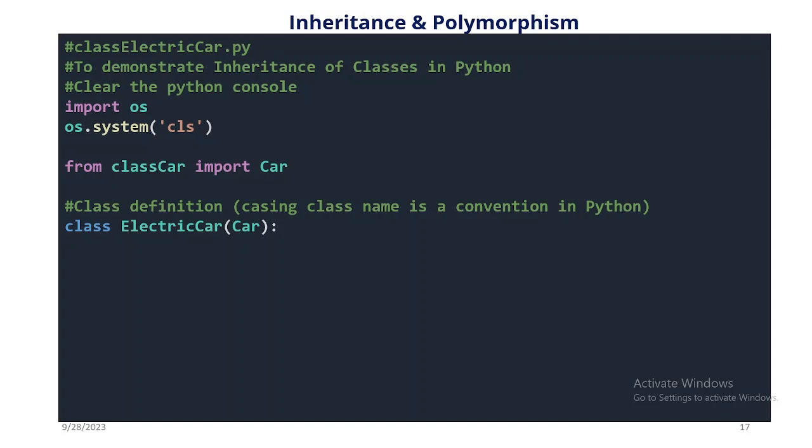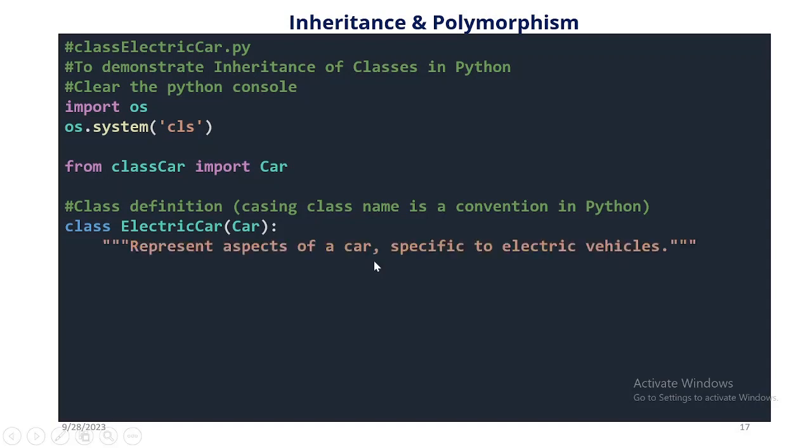So let's define an electric car which is a child of class Car. Now, this time around, when we say class ElectricCar, we don't just stop at the colon. Rather, we put something in parentheses and put the name of the parent class which this new class is inheriting. So ElectricCar inherits class Car.